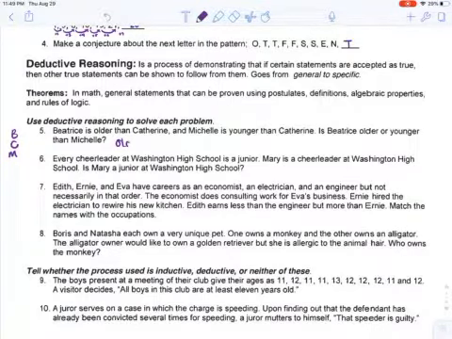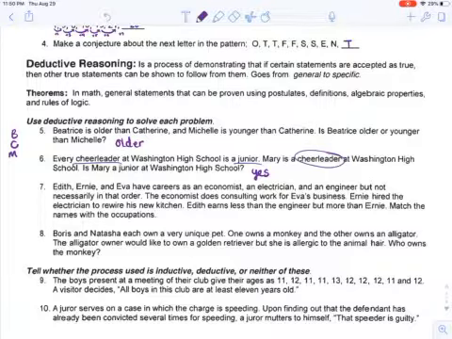She's older. How do we know? Based on how ages work. Now, every cheerleader at Washington High School is a junior. Mary is a cheerleader at Washington High School. Is Mary a junior at Washington High School? Well, yes, because she's a cheerleader and all the cheerleaders are juniors.